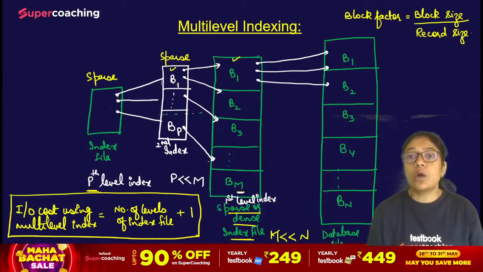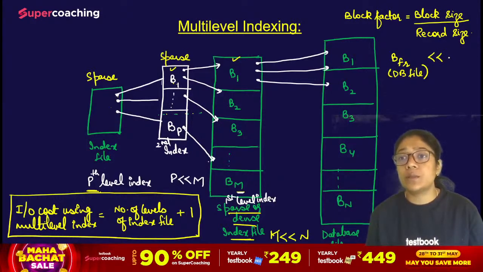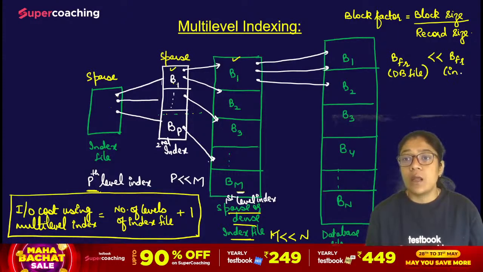And we know that the record size of the database file is greater than the record size of the index file. So definitely the block factor of the database file is small. That means the number of entries in one block of the database file will be smaller than the number of entries in the index file.